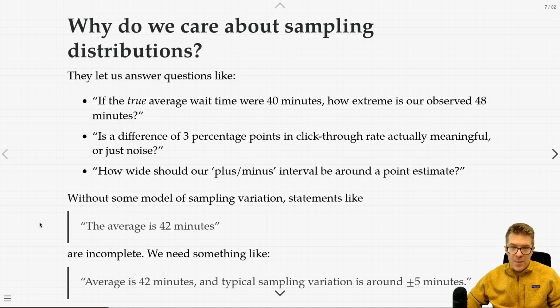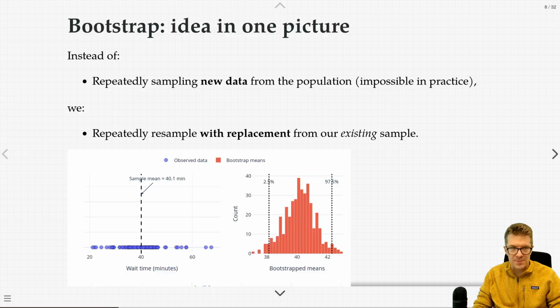Without some model of sampling variation, a claim like the average is 42 minutes is incomplete. What we always want is to further qualify and quantify those kinds of statements. So something a little bit better would be: the average is 42 minutes, and the typical sampling variation is around plus or minus 5 minutes. So here's the example of bootstrapping in one picture.